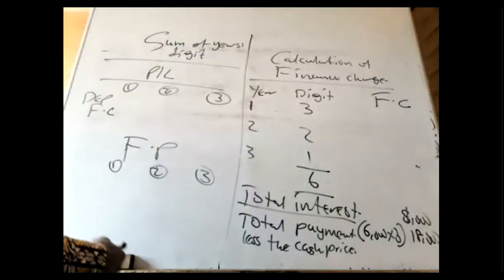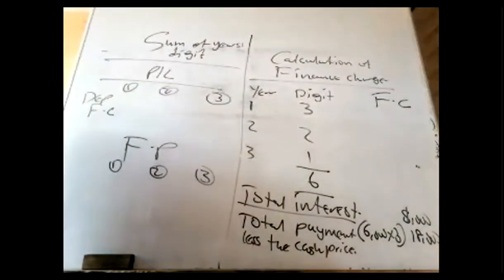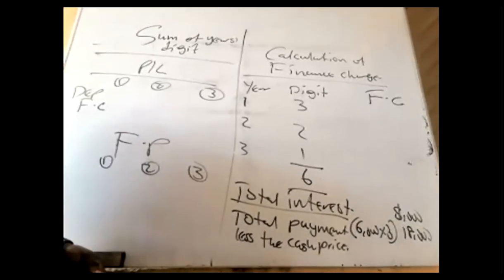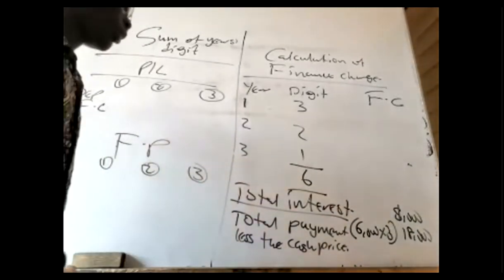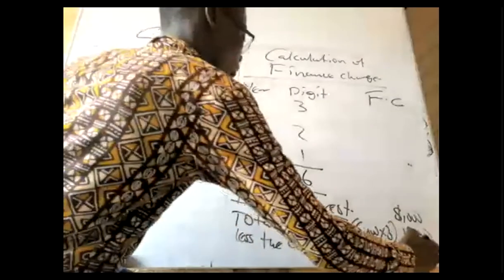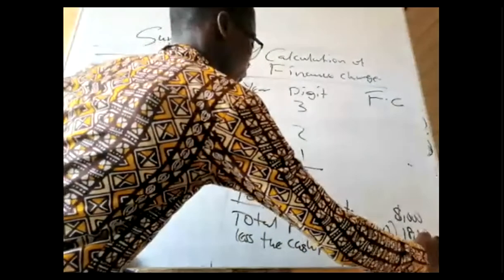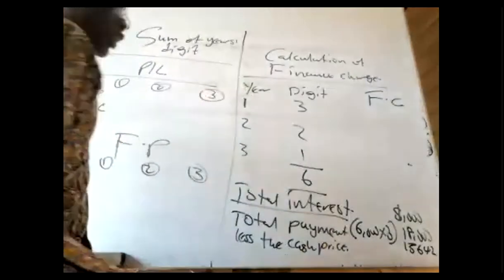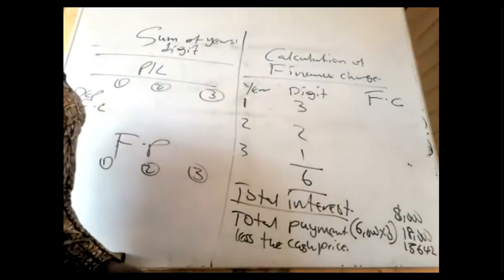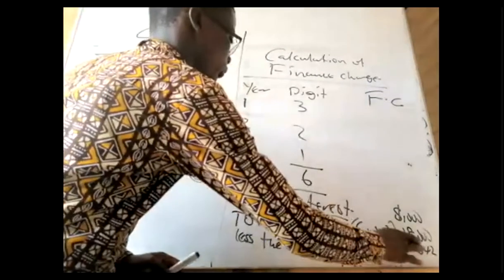But actually, what's the fair value or the present value of this? The present value happens to be 15,642. The present value that we use.